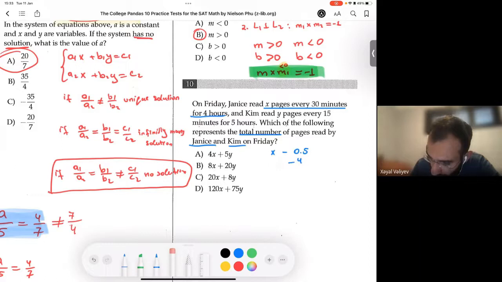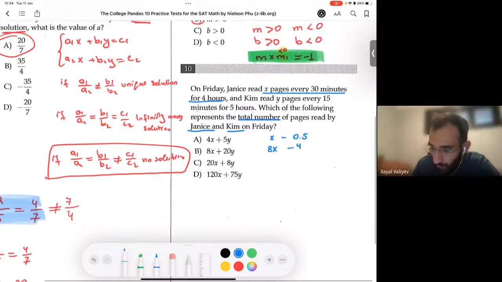That's going to be 8x pages. But you can find it by going with the minutes.